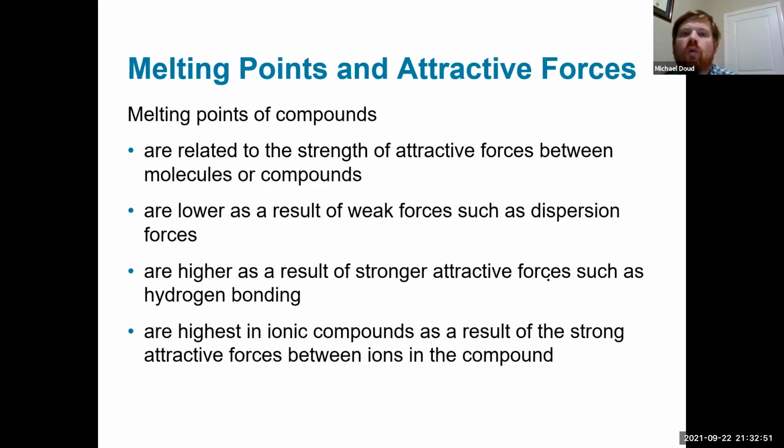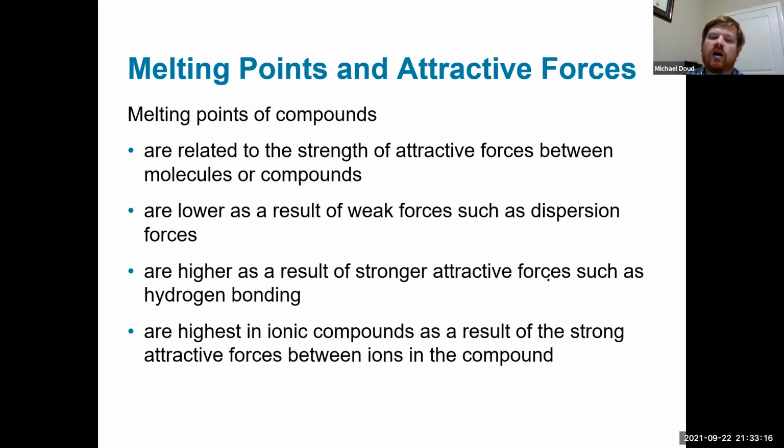Okay, so why do we care about these attractive forces? Well, they determine some of the physical properties that we care about as chemists. The melting points of compounds in particular are directly related to the strength of the attractive forces between the molecules and compounds. If a compound has weak forces like dispersion forces holding it together, usually those melting points are going to be lower.